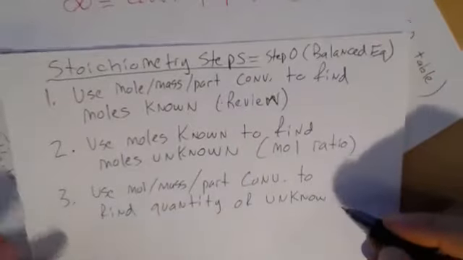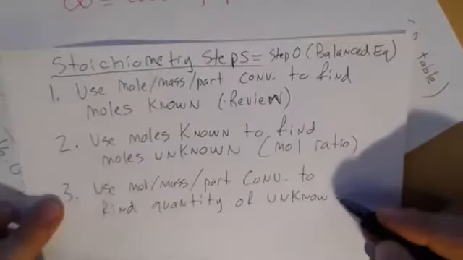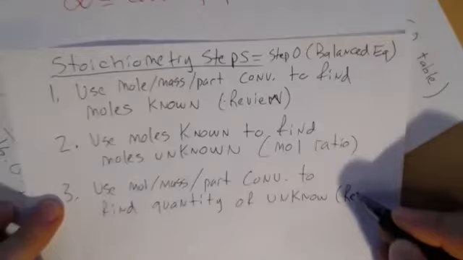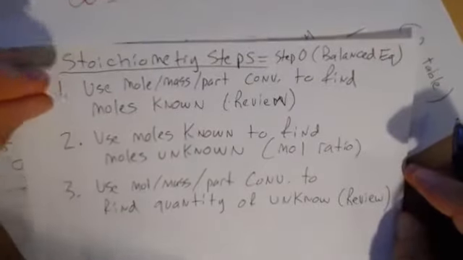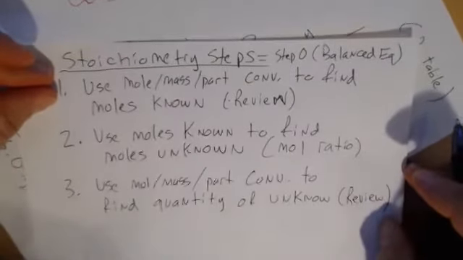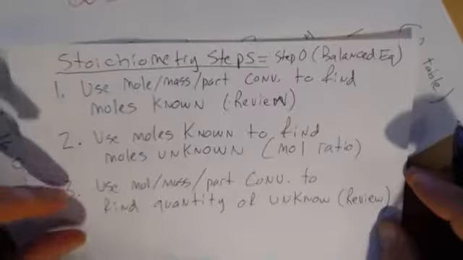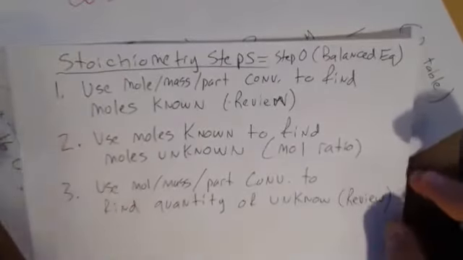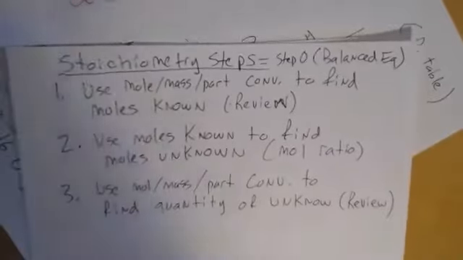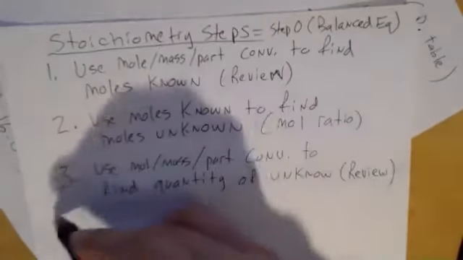This third step is also review. We did this earlier, going between particles of methane, and going backwards. But the mole ratio is the new thing. So before we do that, let's do just step 2.